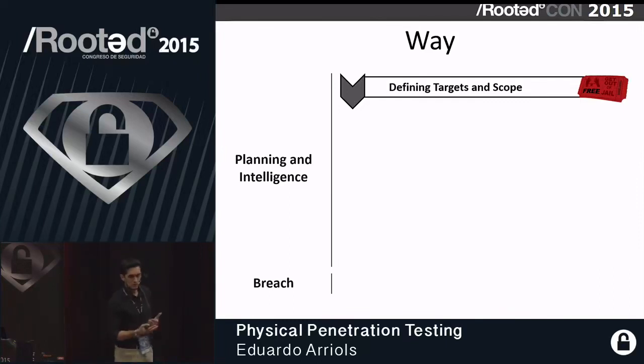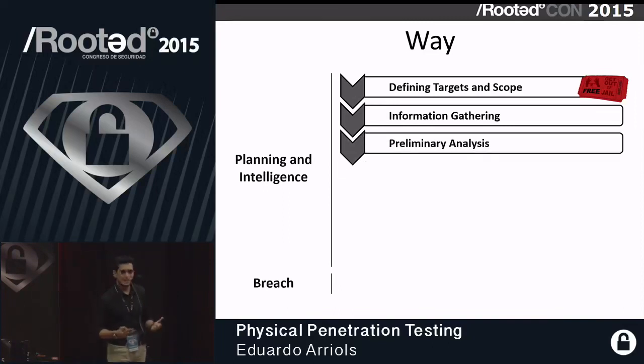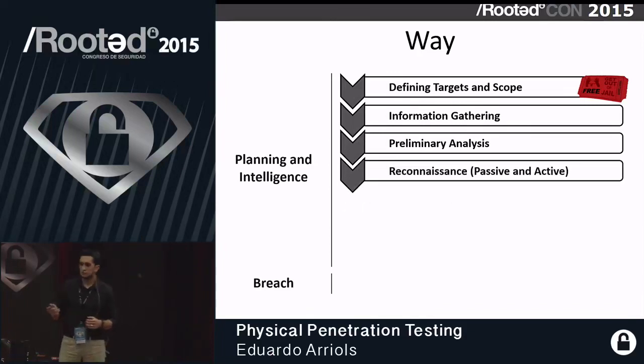So, in planning and intelligence, the first part is defining targets and scope. Then we will have the information gathering through the internet, etc. Then we do a first preliminary analysis about the company's main assets, where they are located, so that you have a feel about the company.